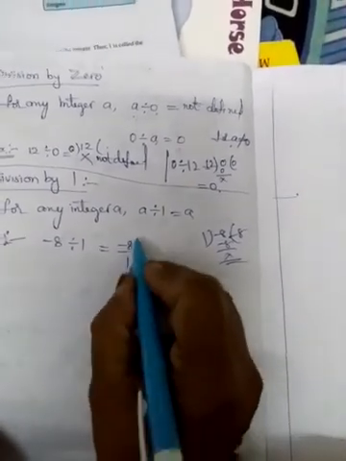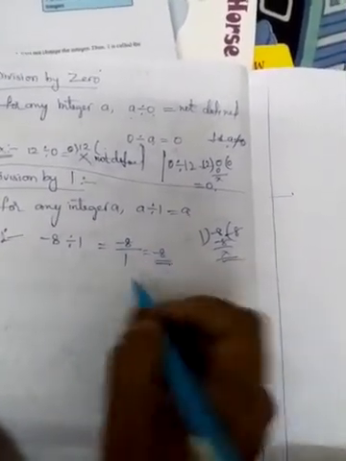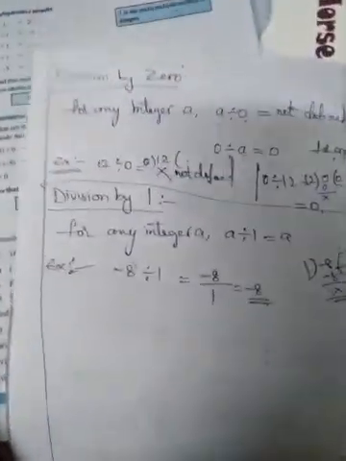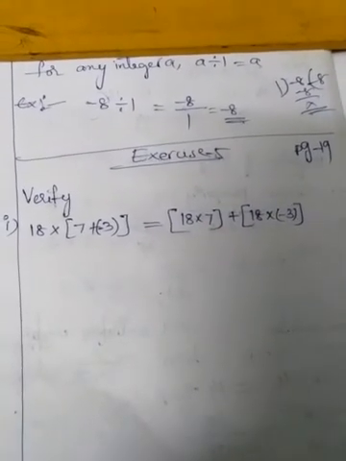Yes, no? So the answer is minus 8 only. So whichever integer is divided by 1, that integer only will come. Okay, clear? Okay, up to there that property is complete.